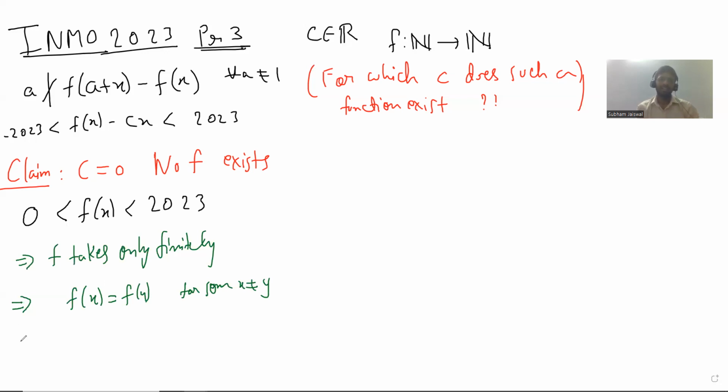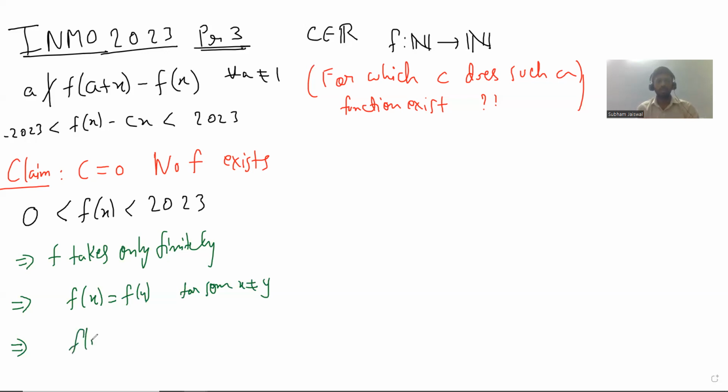Oh yeah, so you've even got the bound, right. So if you take 2023 inputs, then two things will repeat. Anyways, so now we are done, right?